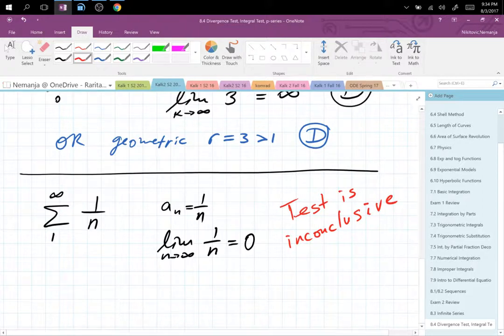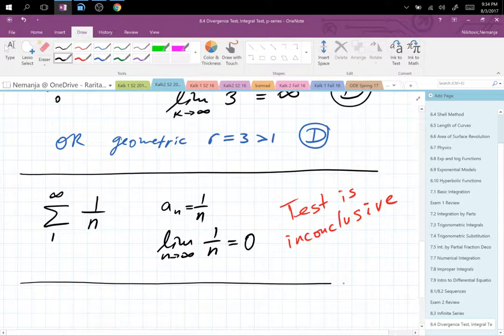You do this test and you get 0, and you have to use something else. Can you say at that point it's convergent? Definitely not. It can still diverge. This is a divergent series and the test was inconclusive. This is called the harmonic series, and in 15 minutes I'm going to prove using the integral test that it is divergent. However, the divergence test did not pick it up because the limit of the sequence within is 0.